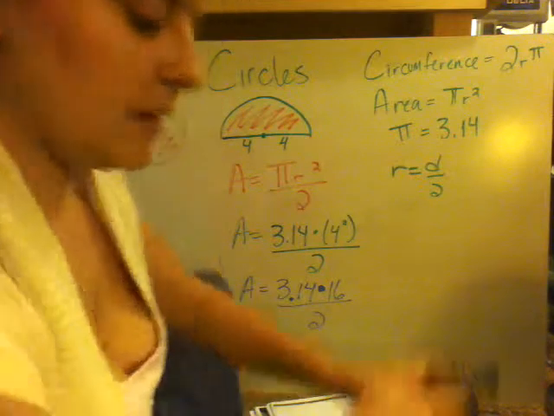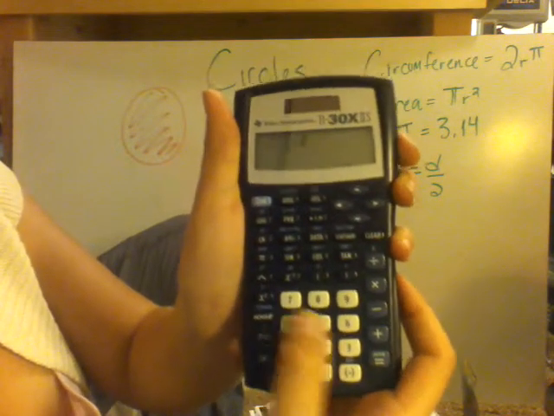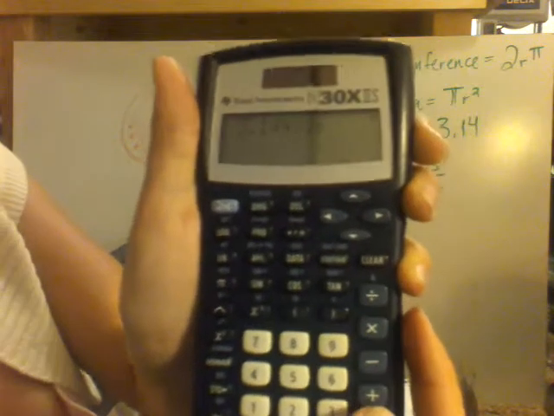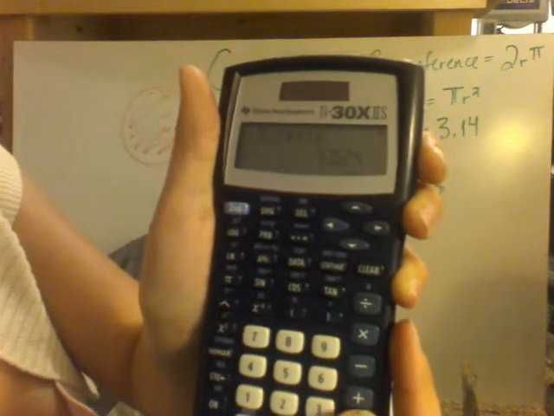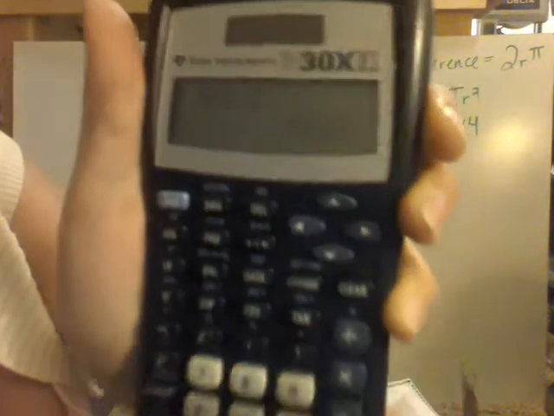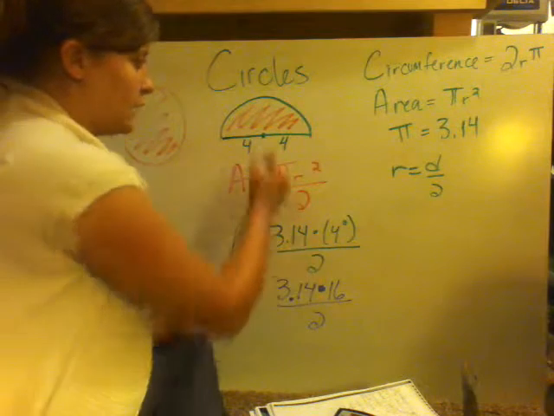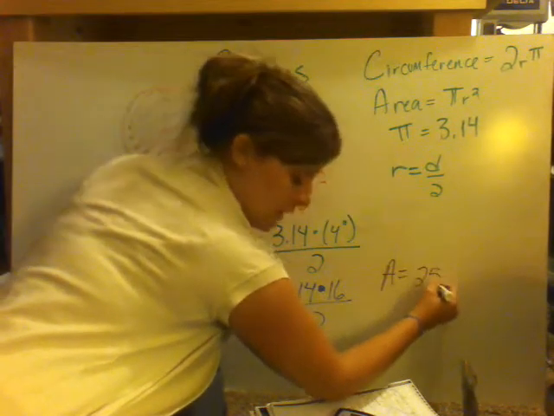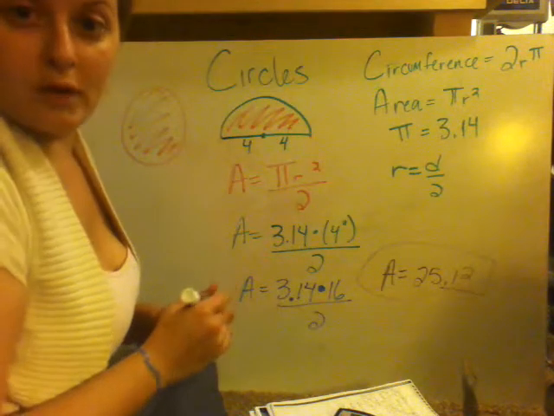Okay, so I'm going to take my calculator, 3.14 times 16 equals 50.24, like we had before, divided by 2, 25.12. So my area for this semicircle is equal to 25.12. And again, I didn't give units, so you don't have to give units.